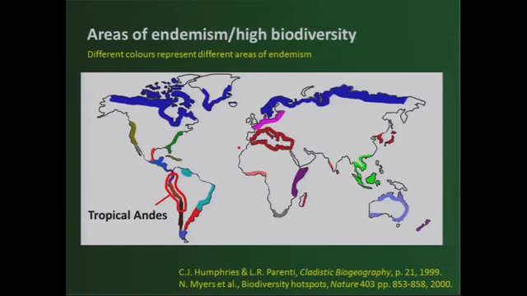Around 20,000 of its 40,000 plant species are endemic. The area of Sundaland, enclosed in green to the right, contains 15,000 endemic plant species. And the island of Madagascar, enclosed in blue, has over 9,000 endemic plant species.